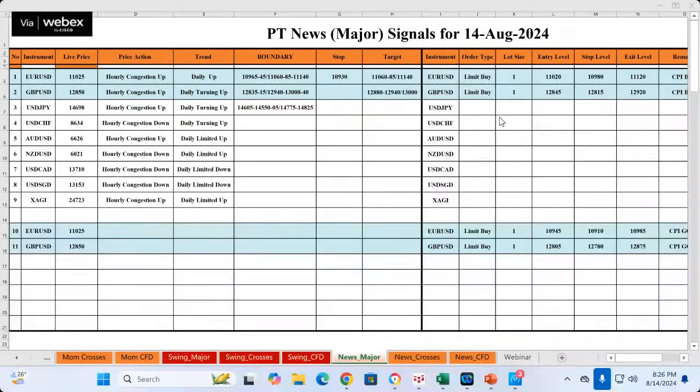Okay, so now dollar yen. Okay, this is if you are an aggressive trader.